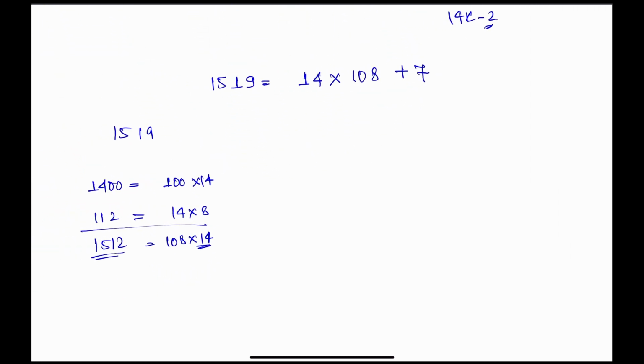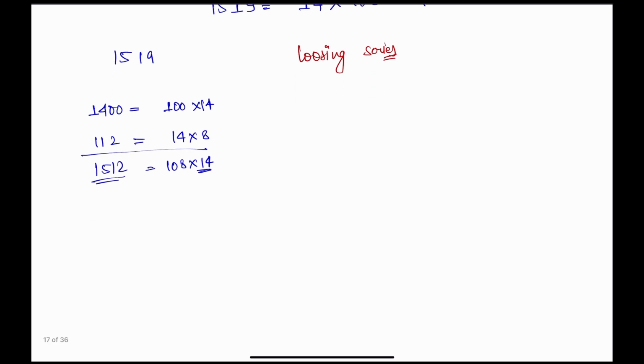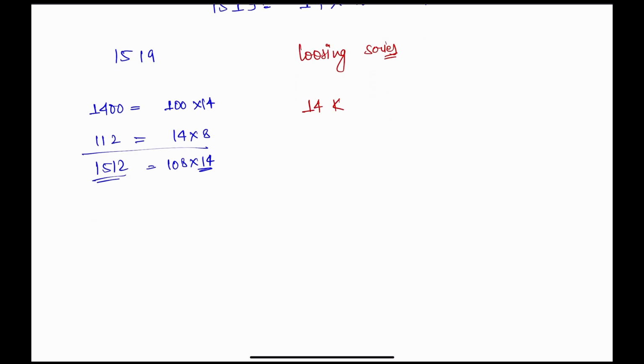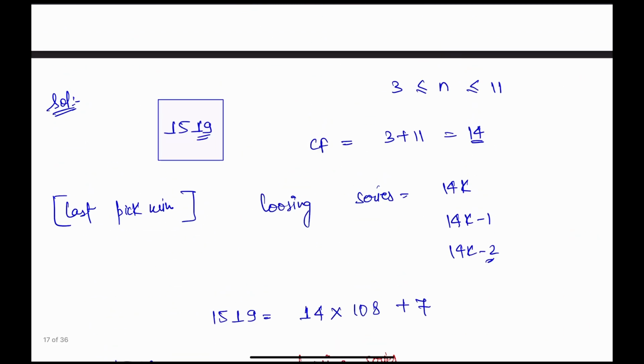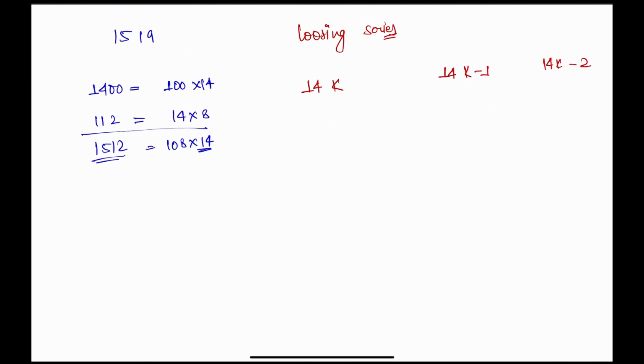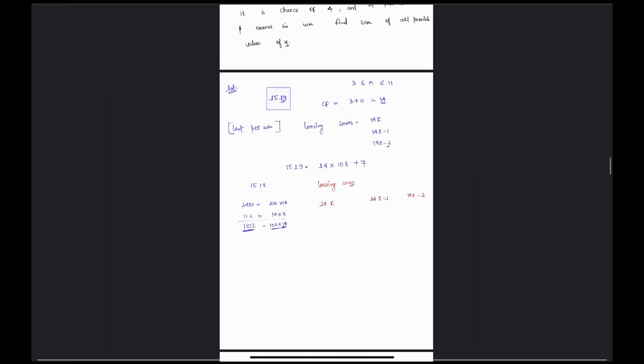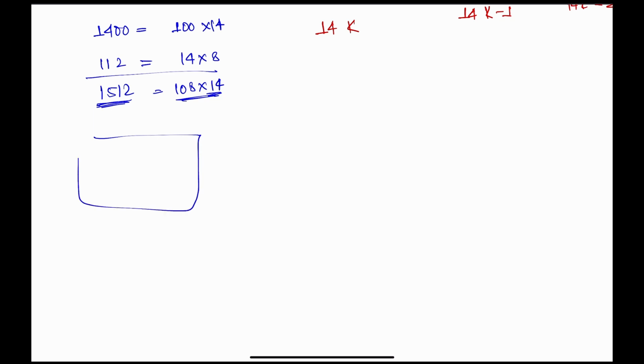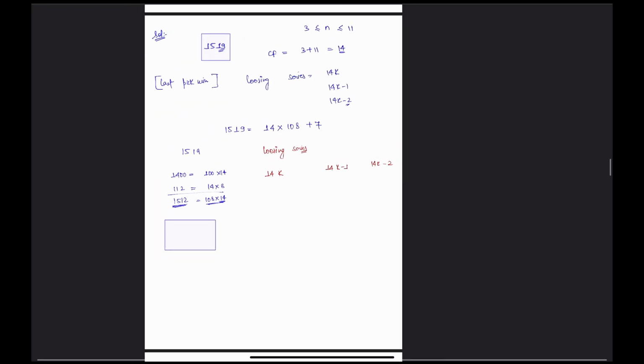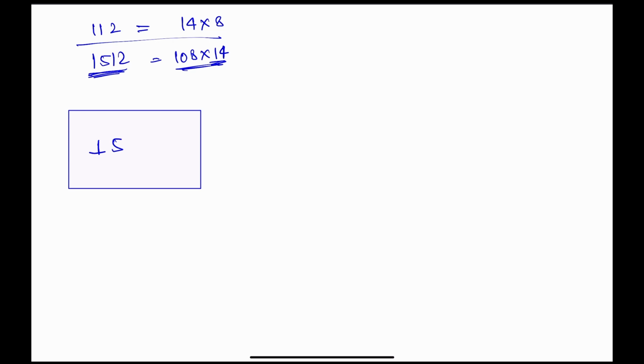So let's find out the losing series. Losing series looks like 14k, 14k minus 1, 14k minus 2, till 2. We know that 108 gives 1512, and on the table, 1519 coins are there.